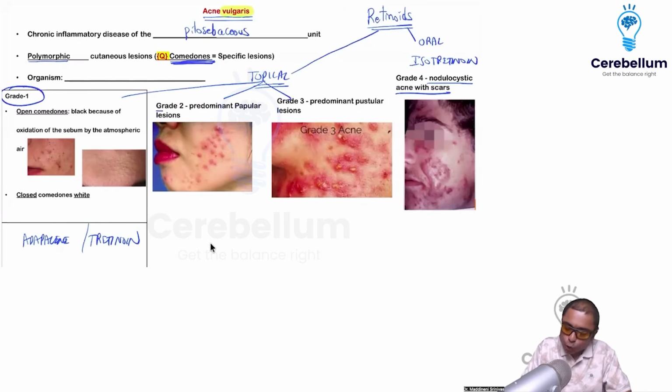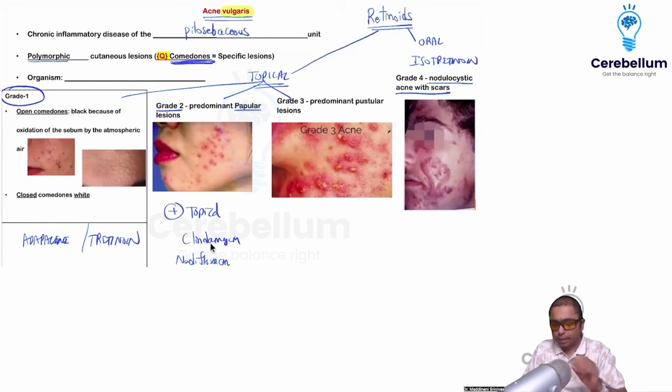Whereas in grade 2, patients are going to have papular lesions, so we are going to add topical antibiotics. What topical antibiotic do we commonly use? It is clindamycin, or we can also give nadifloxacin. We can also use benzoyl peroxide. In grade 4, because they are pustular lesions, we are going to need oral antibiotics.